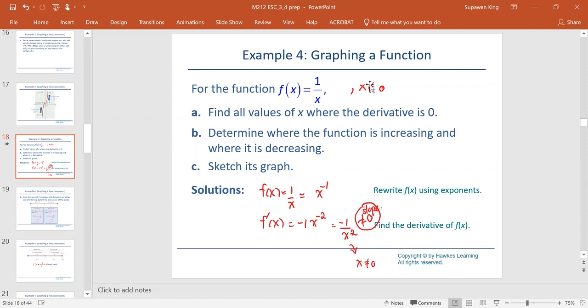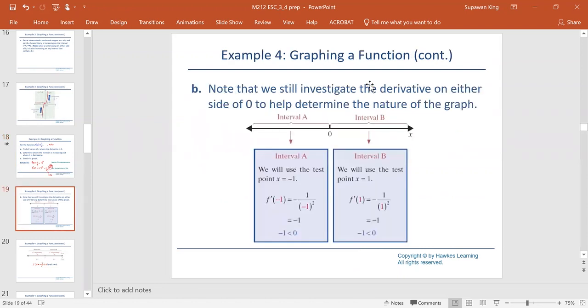So part B, we're going to find out on which intervals the function is increasing and decreasing. Draw the real number line, locate the point 0, the point of interest, and then identify the sign on the left and on the right side of the point 0. In this case, we pick the value x equals 1. For f prime, which is negative 1 over x squared, at x equals 1 we get a negative sign.